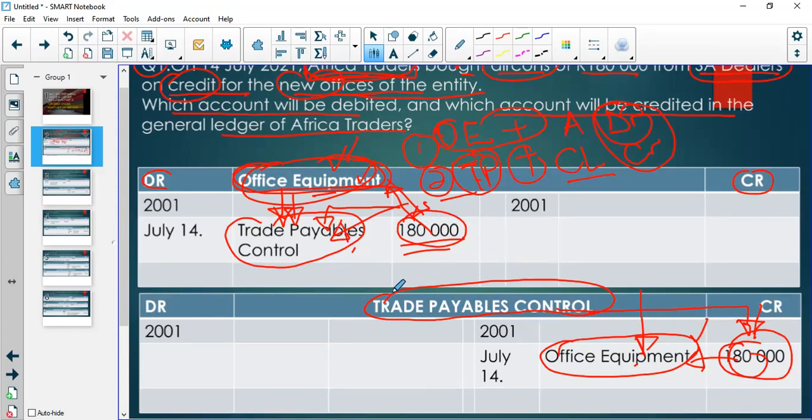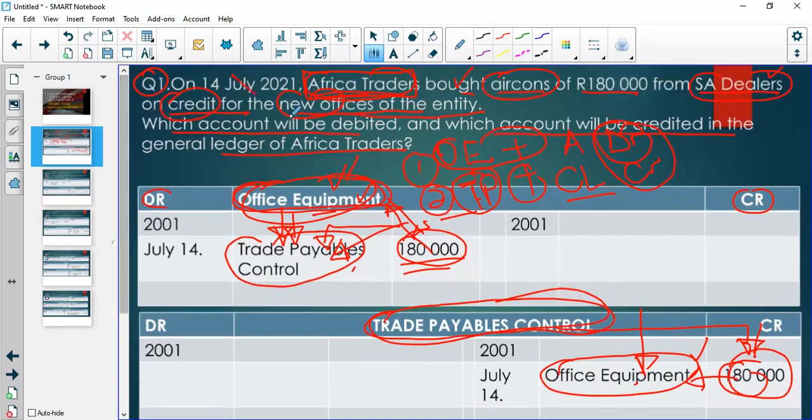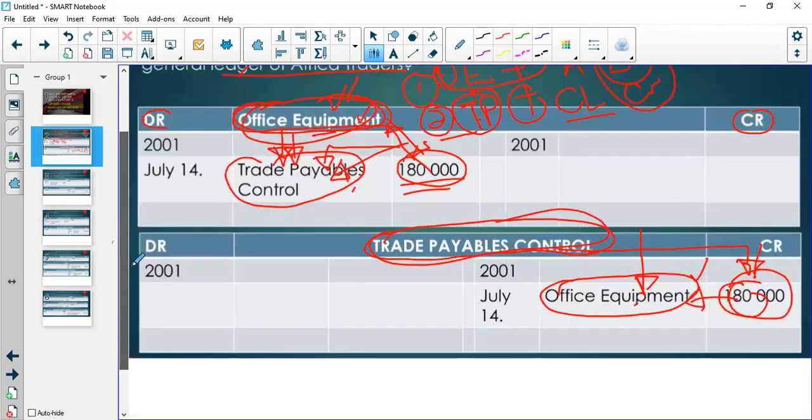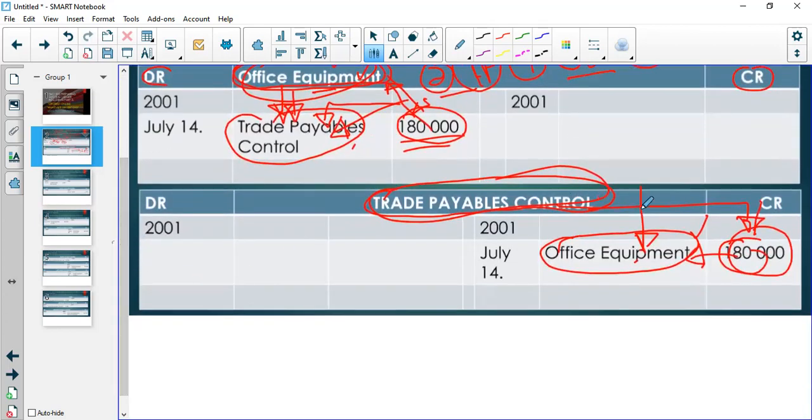So if you come here under trade payables control, somebody who understands the accounting language will not need to listen to this story. They just look at the transaction and know that we owe some people 180,000, so we bought some office equipment on credit. The entries that we make are a language to those who understand accounting.